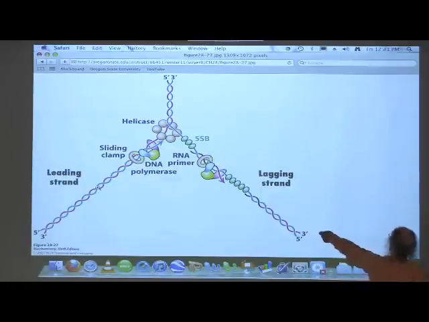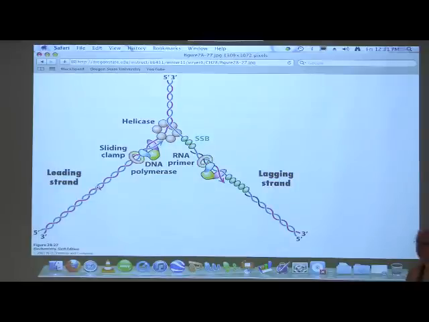So further up here, we have to have a topoisomerase. The topoisomerase that E. coli uses in the replication process is DNA gyrase. So DNA gyrase has to be up here untying things or relieving that tension. This guy is unwinding things.